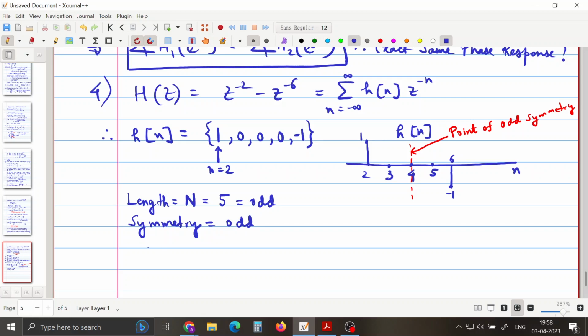And this corresponds to which type? It is type 3, right? In type 3 we had both the length and symmetry as odd.